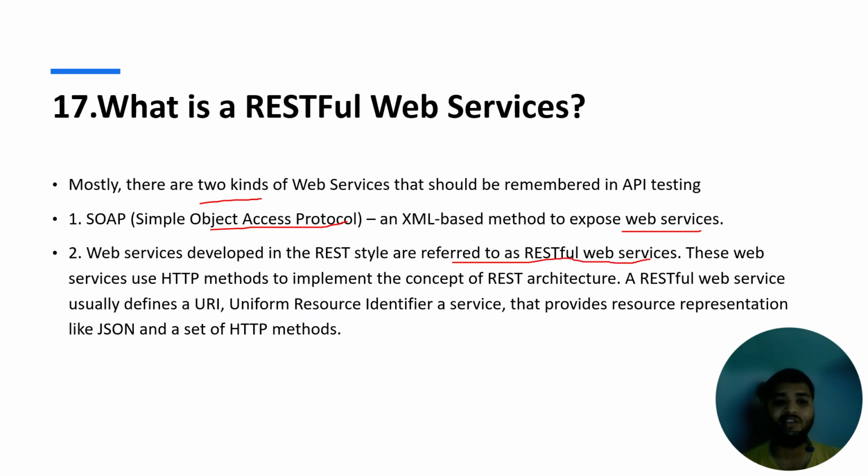These web services use HTTP methods to implement the concept of the REST architecture. A RESTful web service usually defines a URI, uniform resource identifier, a service that provides a resource representation like JSON, and a set of HTTP methods.